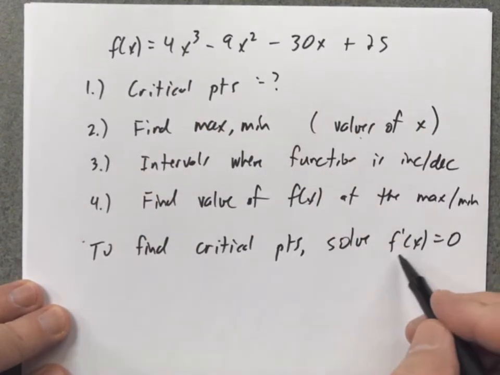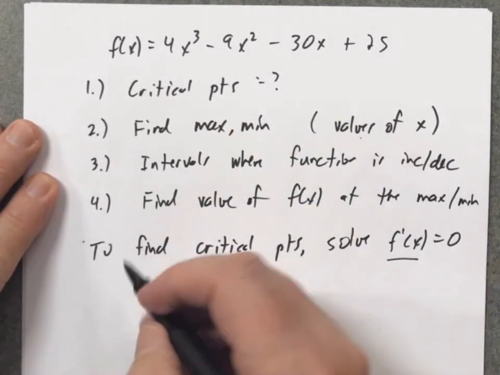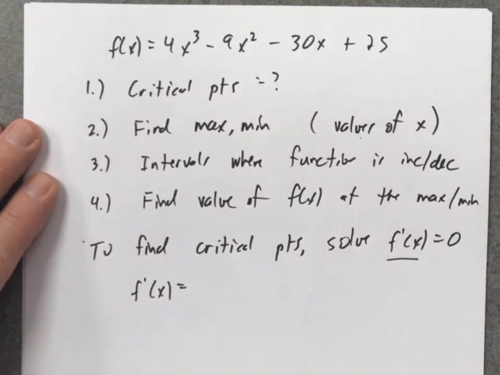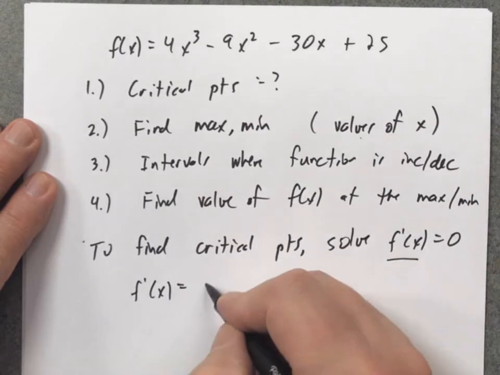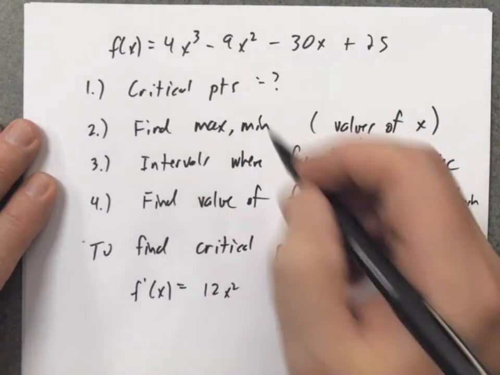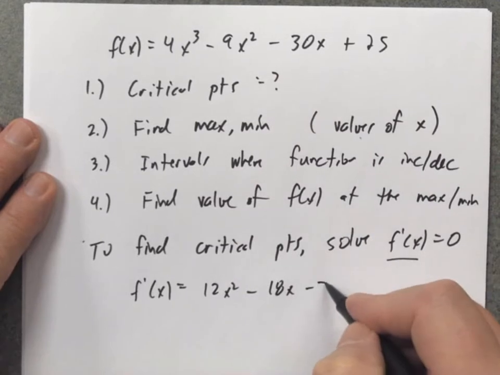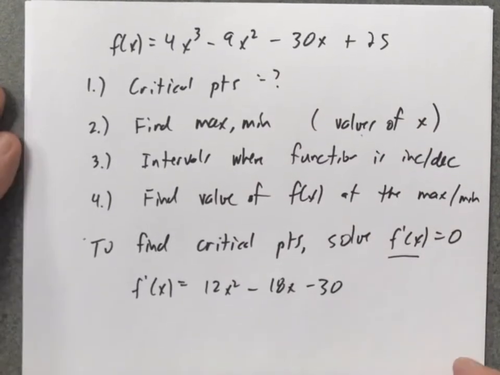We have to find the first derivative. Here's my function. Now we've learned all the rules to find the first derivative, so let's do it. Here I just have 4 functions: 12x squared minus 18x minus 30. That's the first derivative.